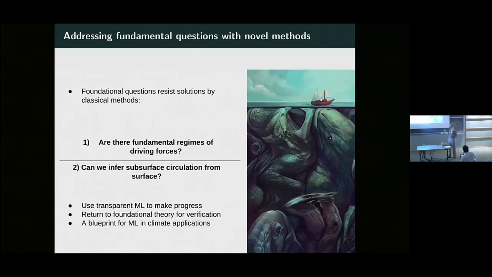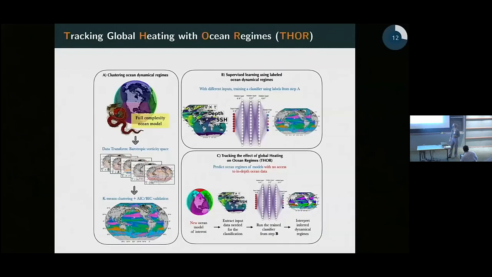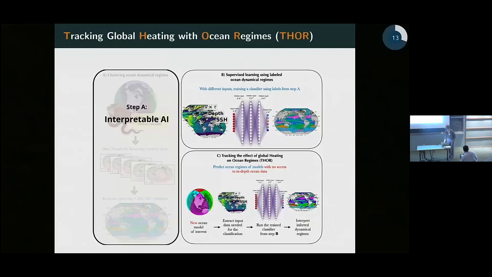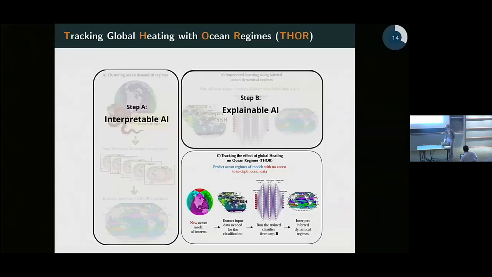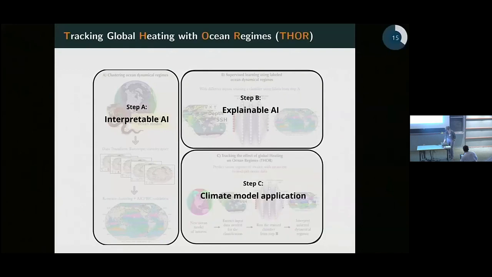I'm oceanographic focused, but this is also designed to be a blueprint for machine learning applications within other areas of climate science. The algorithm we've developed is called Tracking Global Heating with Ocean Regimes, or THOR for short. As a flow chart, the first step is interpretable, the second step explainable, and then we're going to be applying it.